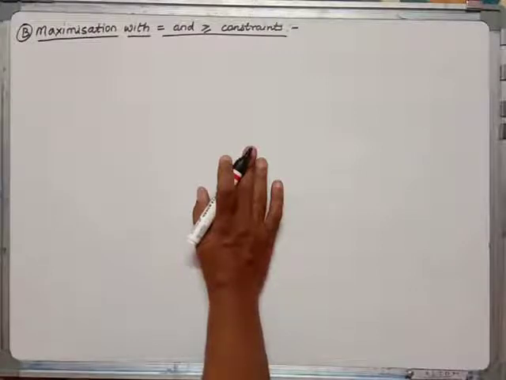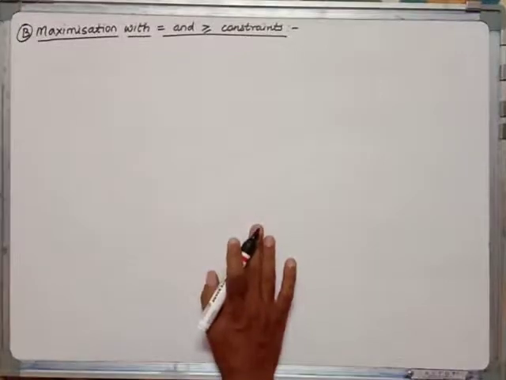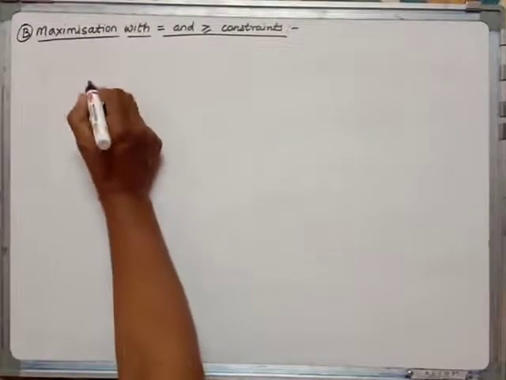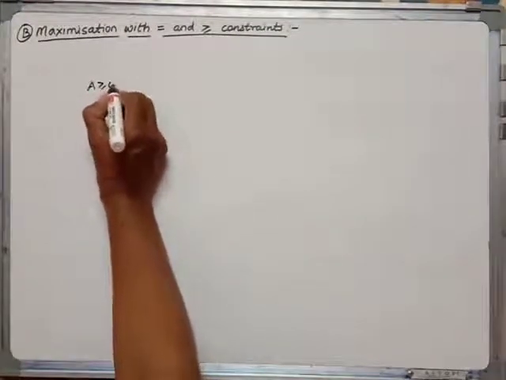Therefore, to get an initial basic feasible solution, we have to use an artificial variable. That artificial variable we have denoted by capital A, and that is greater equal 0.